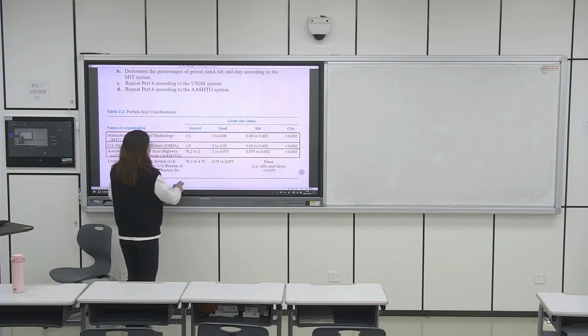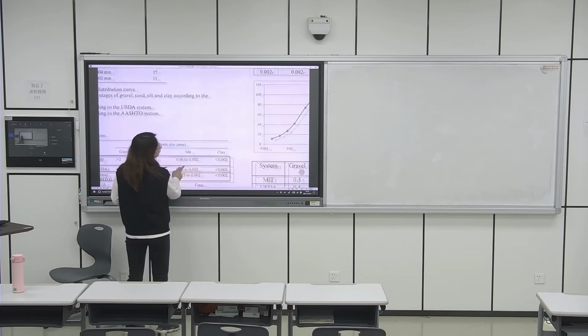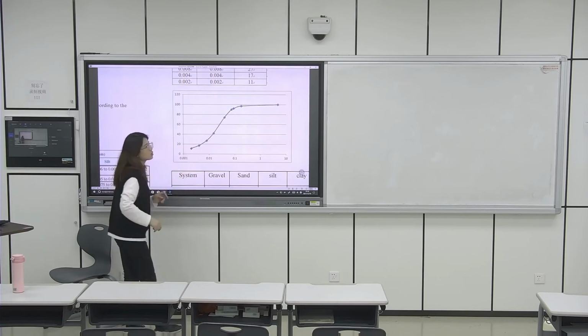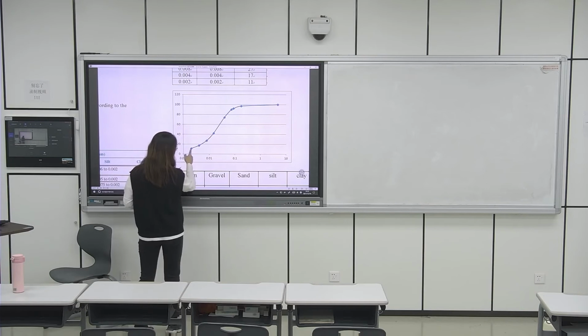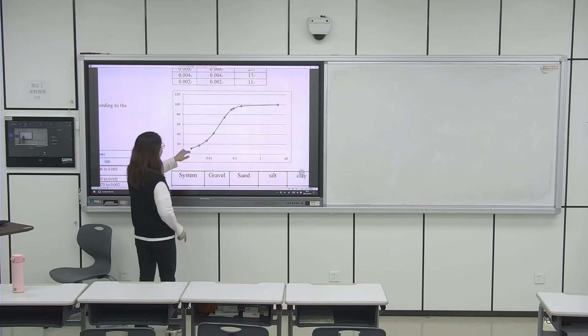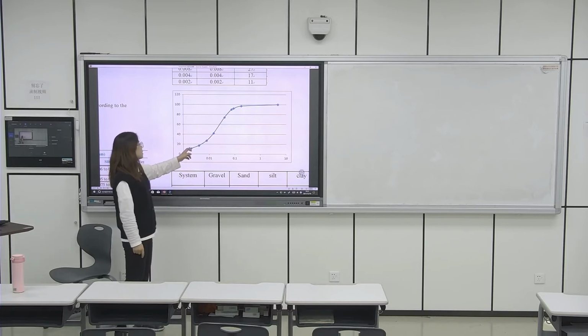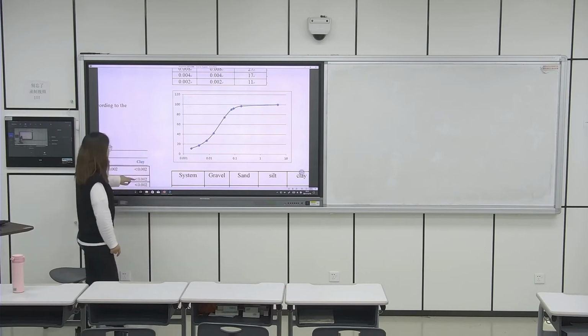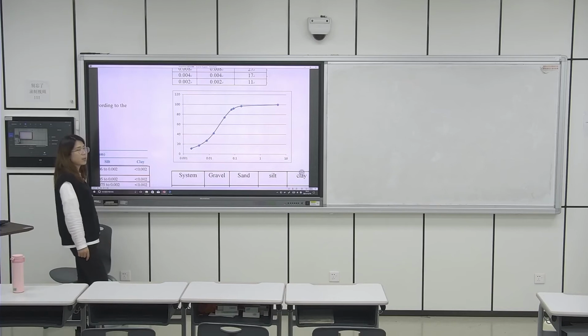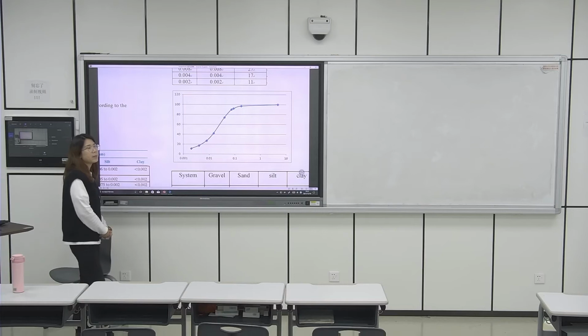So if you have the particle size distribution curve here, you just need to find, okay, maybe 0.002 is here. What's the percentage here? This is 0.002, corresponding to maybe around 10%. That means for clay, which is smaller than 0.002, it is 10%.